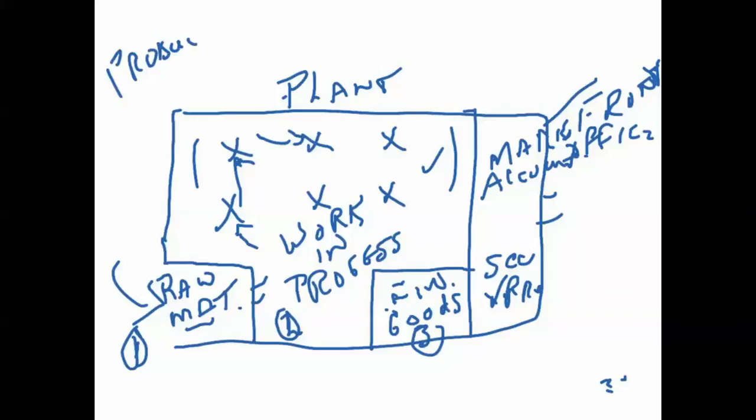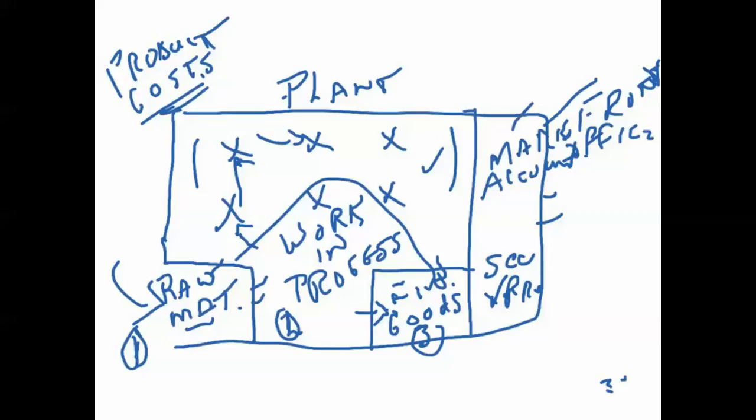Those are costs that are reasonable and necessary to convert my raw material into a finished good product. Once the product has been finished and moved to finished goods, that's the end of product costs. We have to distinguish that from period costs.